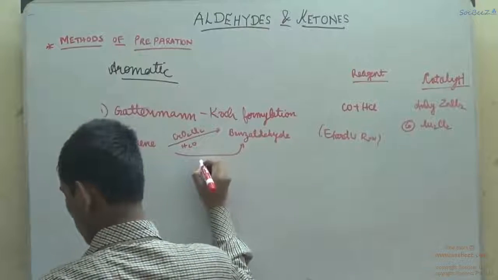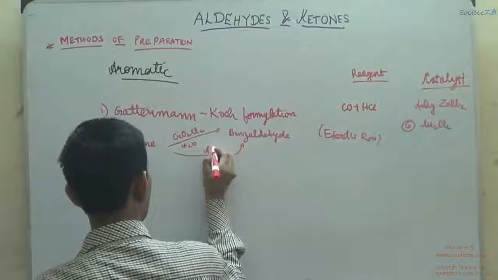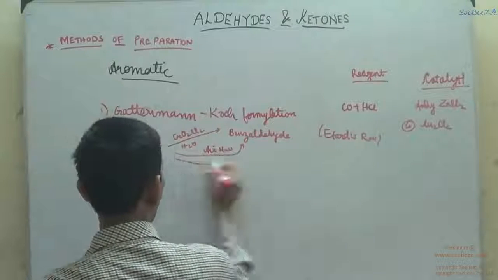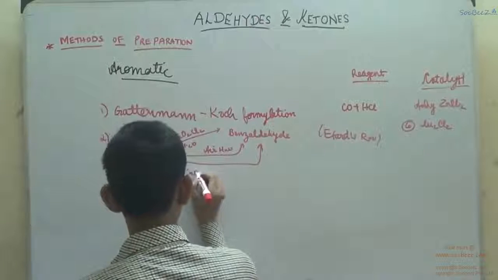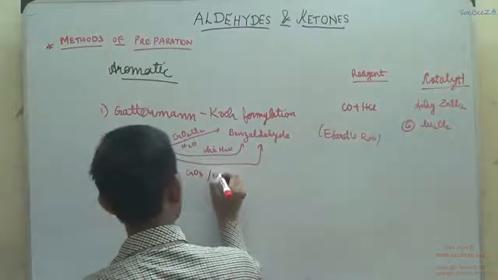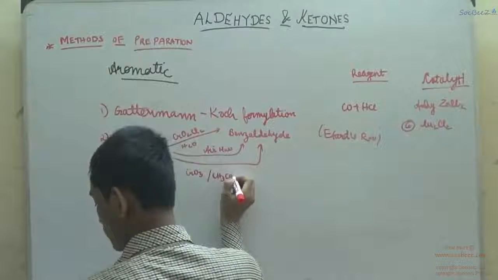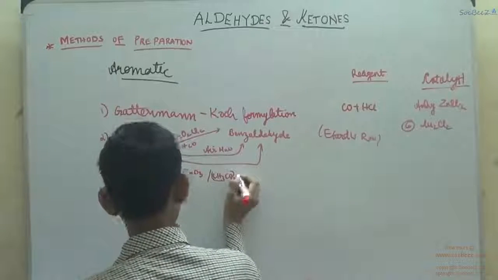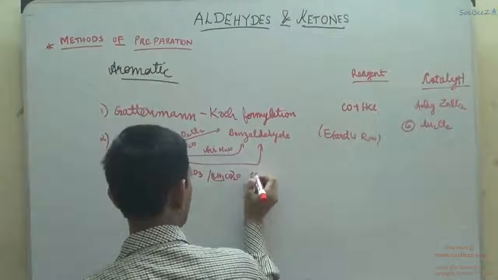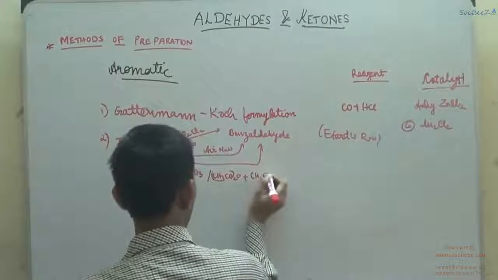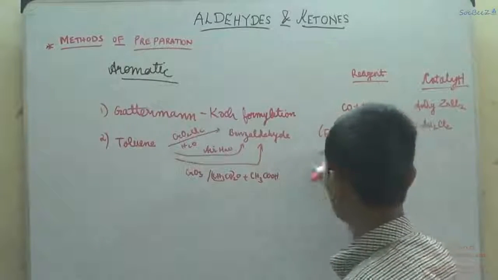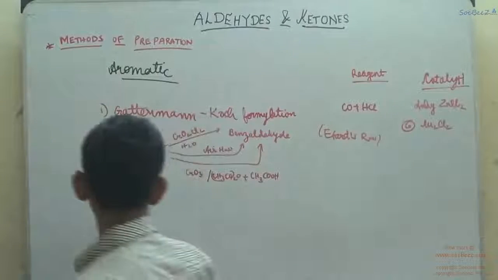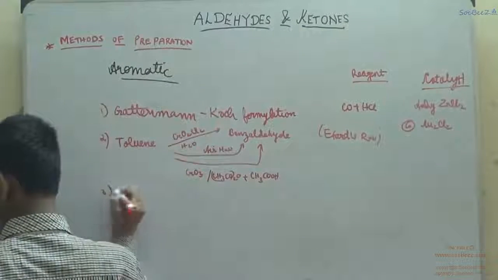Otherwise you can also treat with air in presence of MnO, or CrO3 in the presence of acetic anhydride and acetic acid. You will get back your benzaldehyde, but the Etard reaction is only treating toluene with CrO2Cl2.